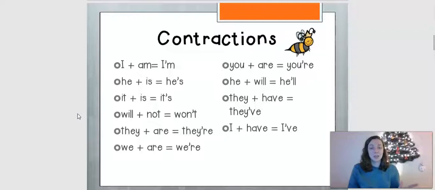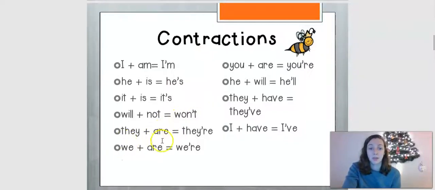Now as you can see, when you smoosh the words together, some of the letters in the second word, never the first word, the second word, are dropped. So for example, with am, you drop the A. Anytime you have is, as you can see, he's and it's, you drop that I in is.